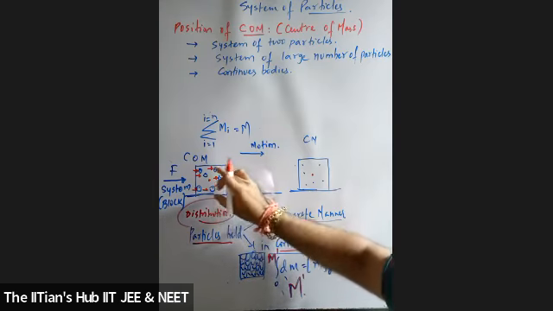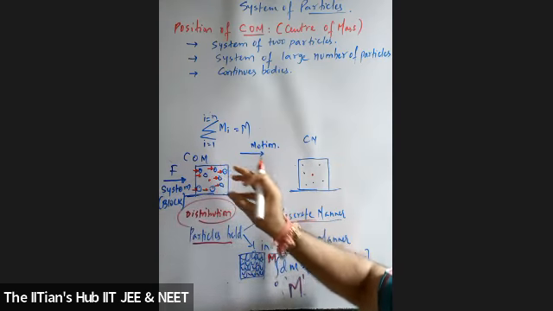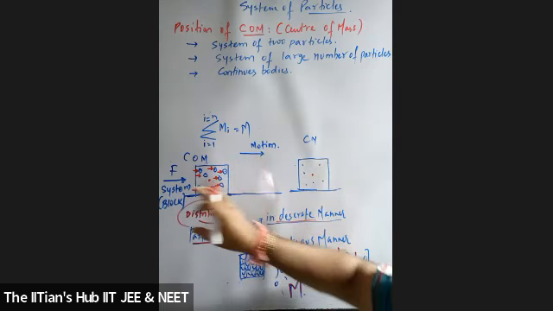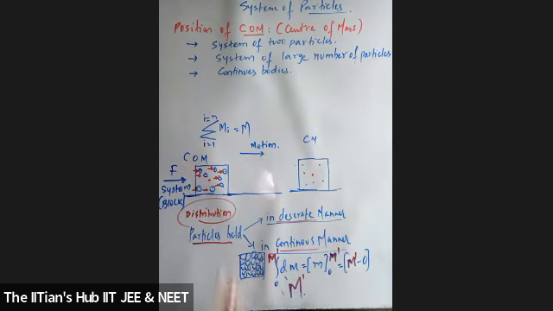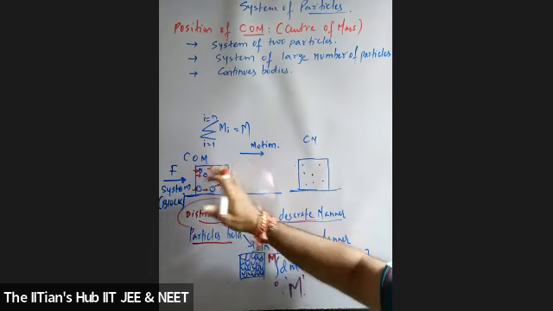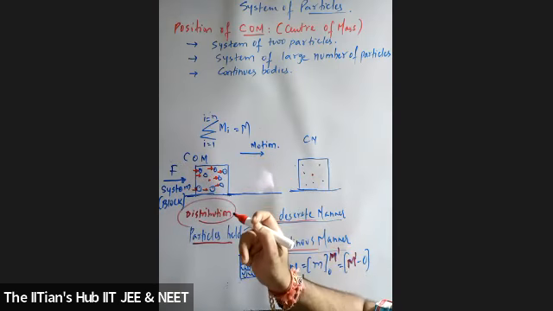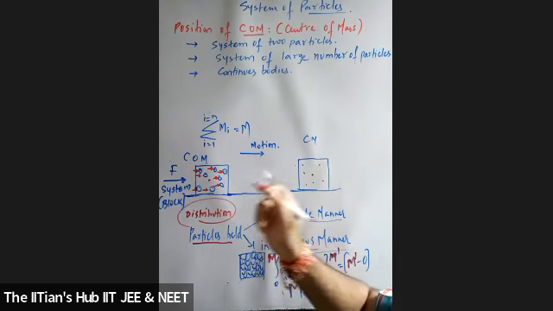That means all the constituent particles, listen carefully, get equal force. That means this force is distributed among n number of particles. And now all the particles are moving in one direction, covering equal distance in equal time.